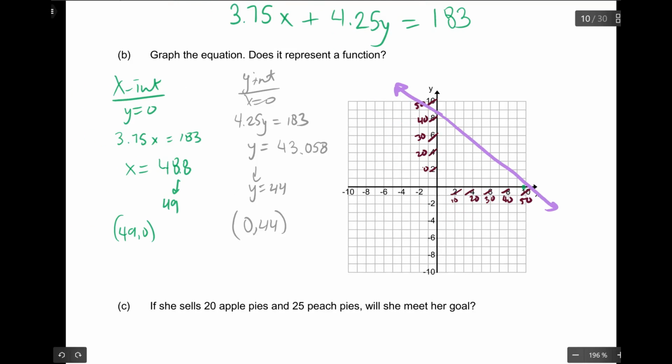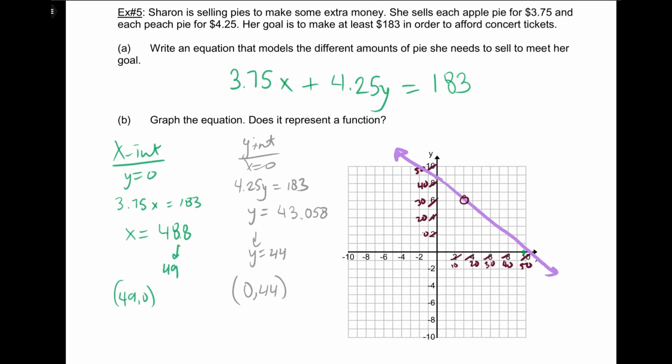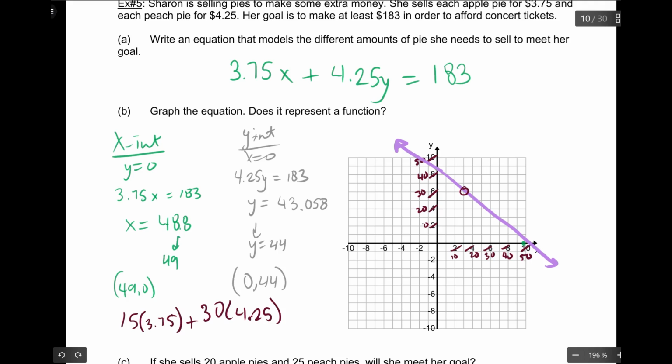So at any point, I could choose maybe right here. That looks like a nice point. That's about 30 and 15. So 30 of my y, which is peaches, so 30 times 4.25, plus about 15 of my apples, 3.75. Let's see if that gets us to our money.